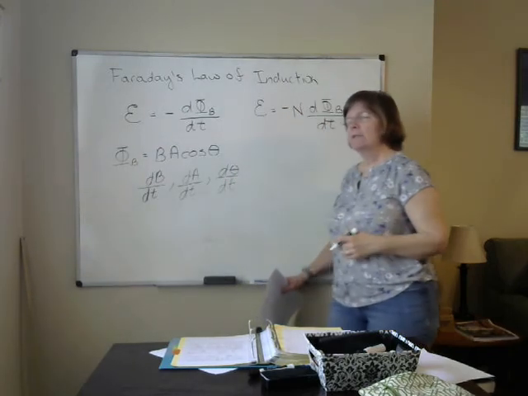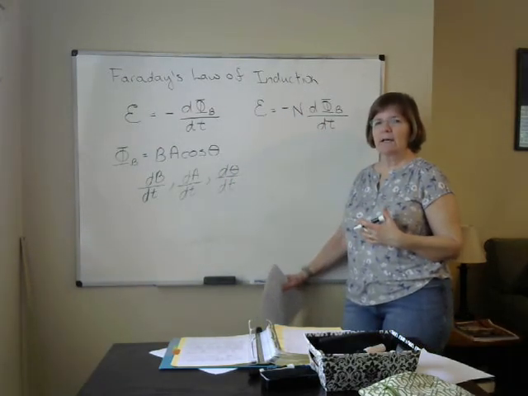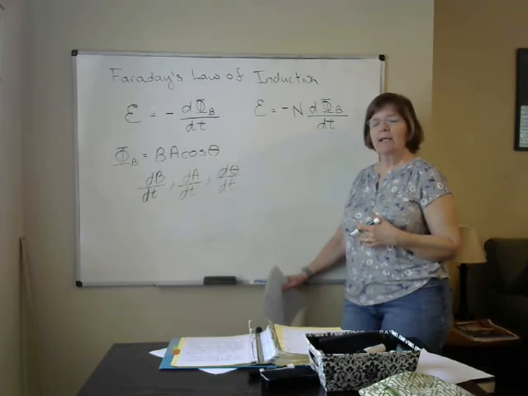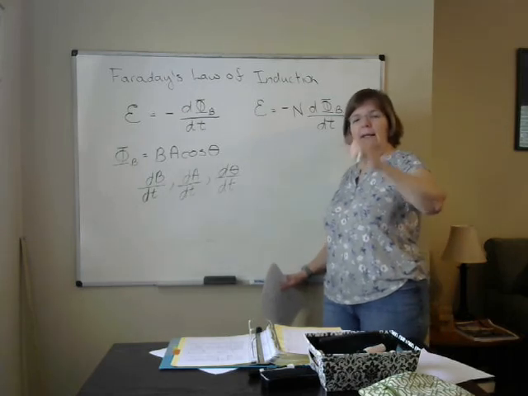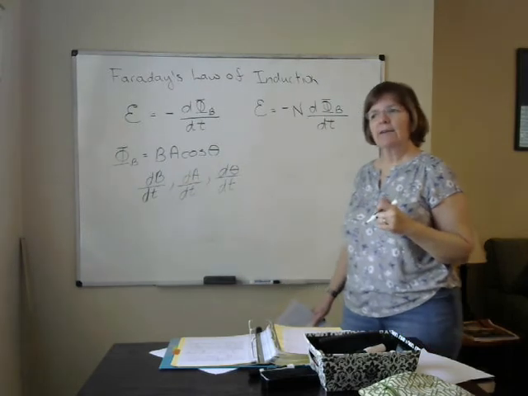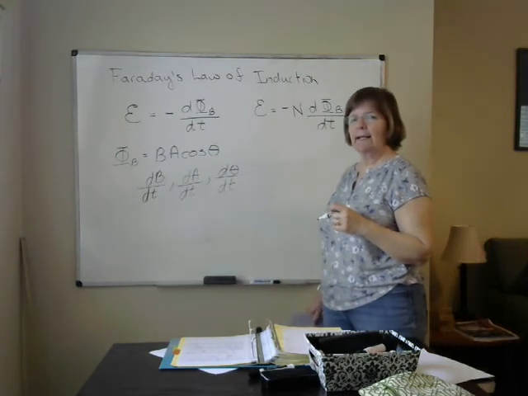Most of the time when they induce electricity in big power plants, they have big coils of wire, turbines, is what they call them, and they turn inside of a magnetic field. So they have a constantly changing magnetic field in the loop.